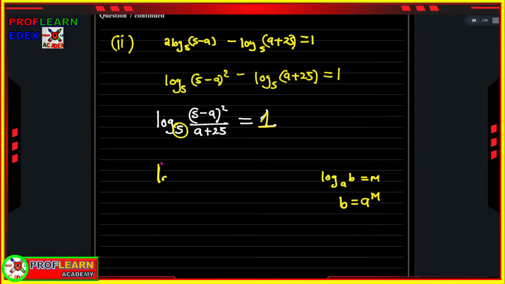We have in brackets (5 minus a) squared over (a plus 25) is equal to 5 raised to the power 1, which is basically 5.